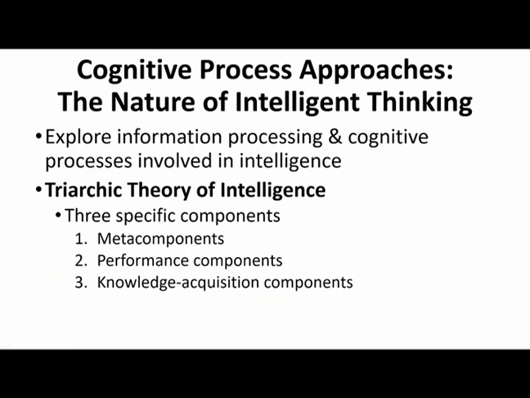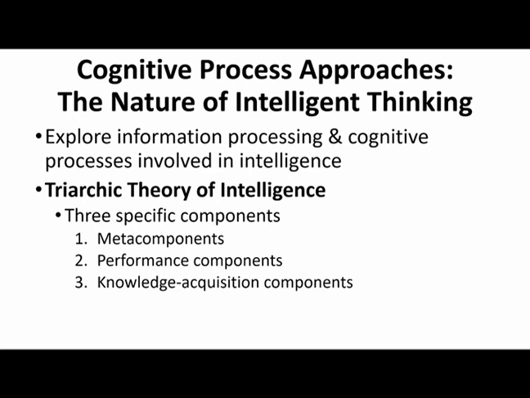Now, at the very beginning of this section, we had talked about the two different approaches to studying intellect. We had talked about our psychometric approach, where you're trying to map all of the structures that make up our intellectual abilities. But now we're going to get into the second point, the cognitive process approaches.